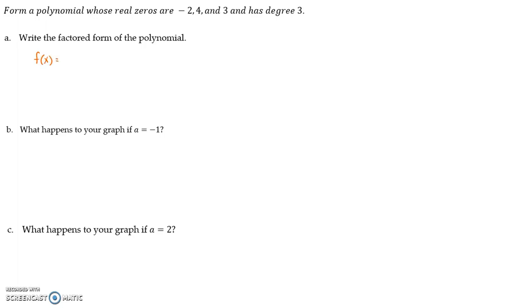And keep in mind your factored form means you're going to have sets of parentheses. And we're going to use the information that this polynomial is going to have a degree of 3. So that implies we should have a total of 3 sets of parentheses.